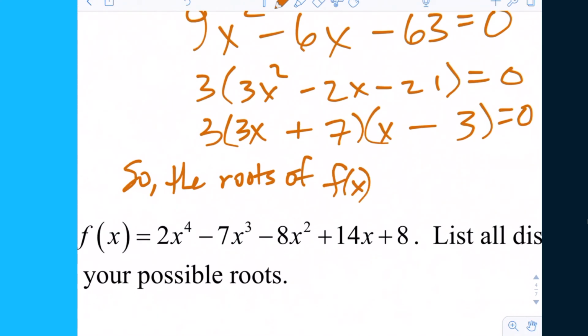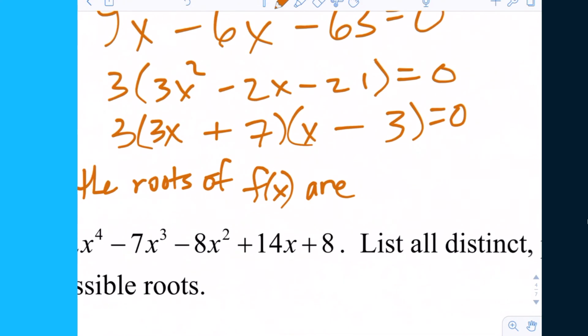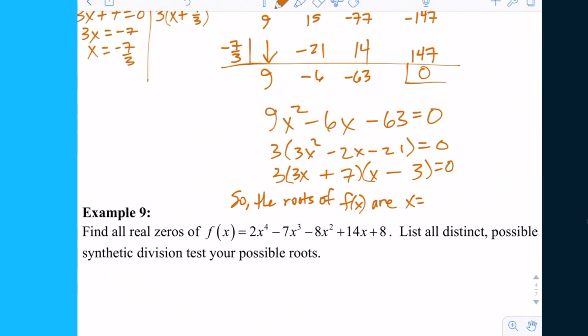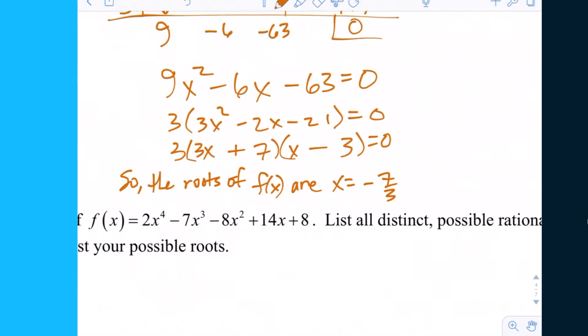Of f of x are x equals, let's list the first one that we used up here. Don't forget him, right? He started us off, negative 7/3.